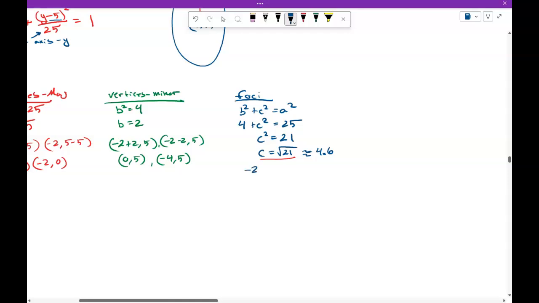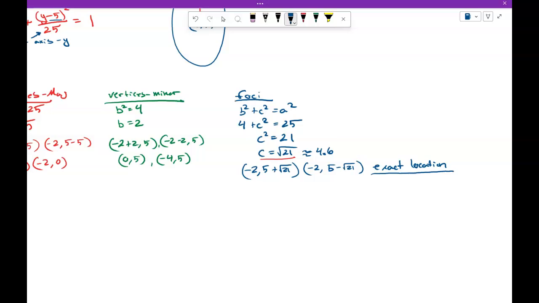We start with our center, and we add our value for c, and we take our center and subtract our value for c from the y value. Since those aren't like terms and it's an irrational number, that is the exact location. So if it says nothing about rounding, if we need an exact location, then these are the ordered pairs we put in for the location of the foci.